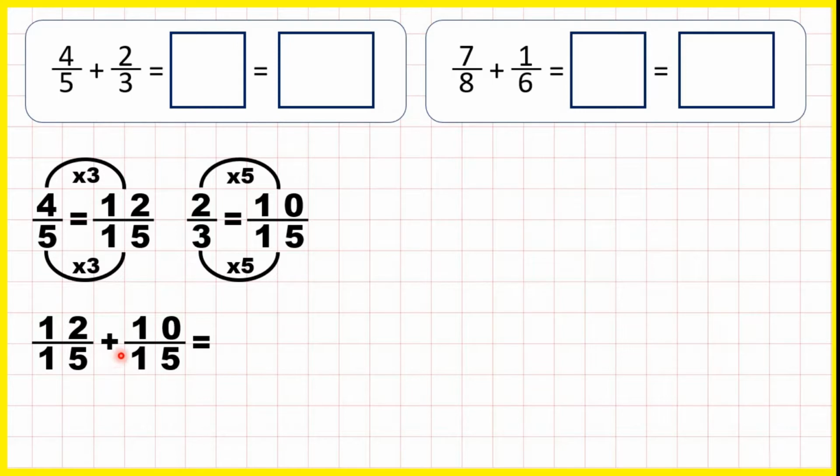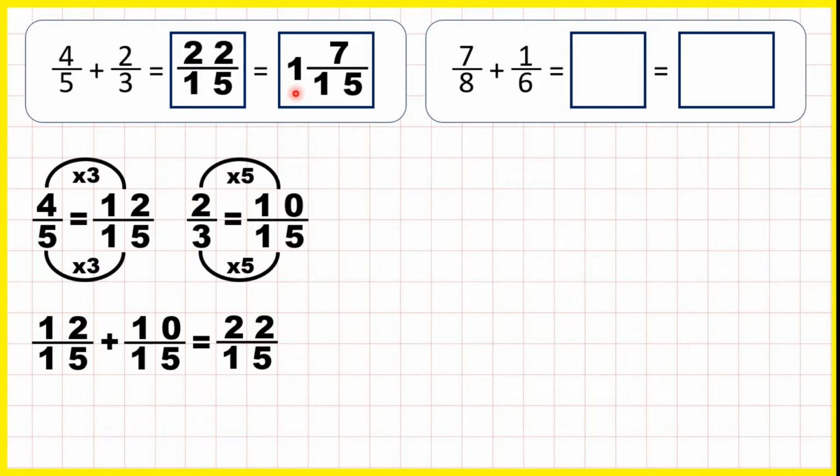So now we have a common denominator, so we keep the denominator the same in our answer, and 12 plus 10 is 22. So as an improper fraction, our answer is 22 over 15. But as a mixed number, we write that as 1 and 7 over 15, because 22 divided by 15 is 1 remainder 7, and the denominator stays the same.